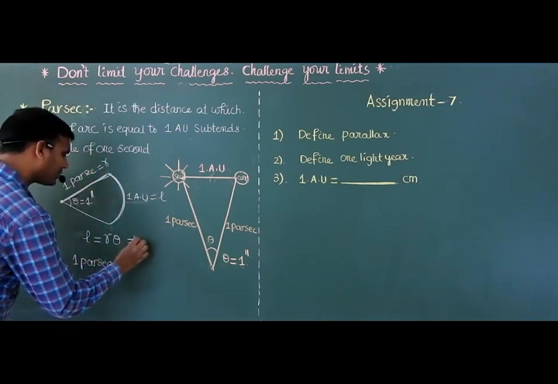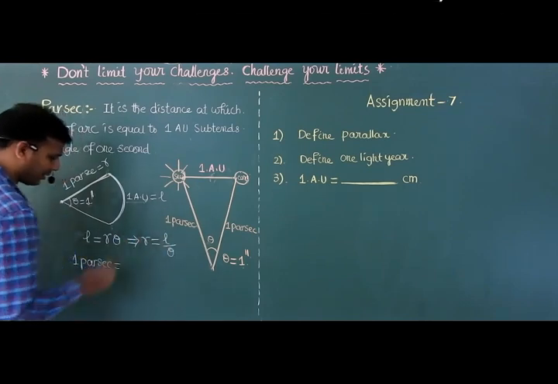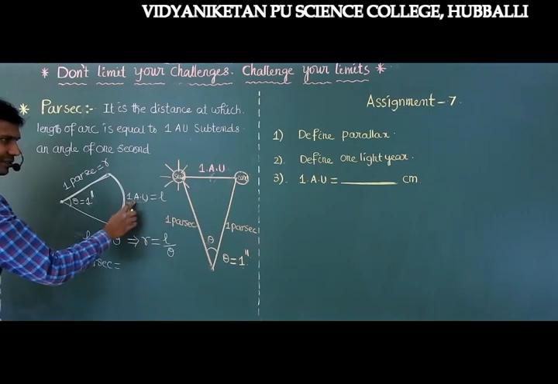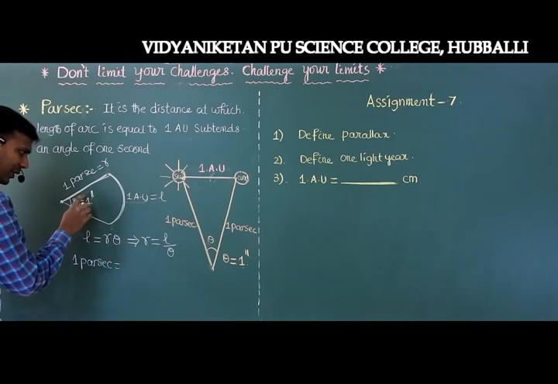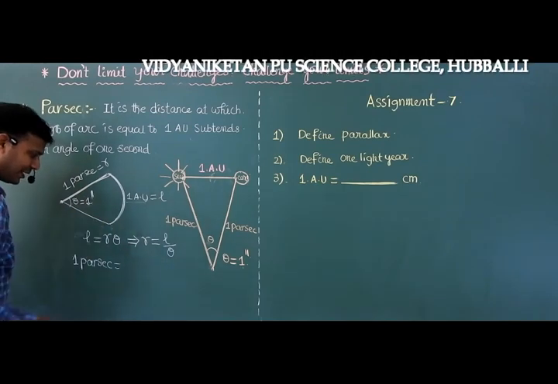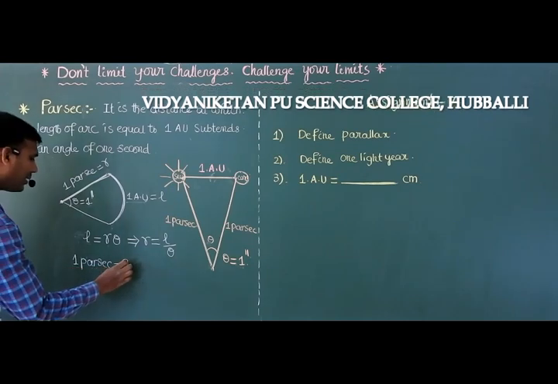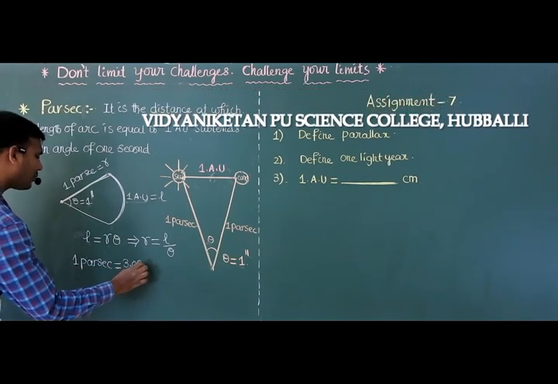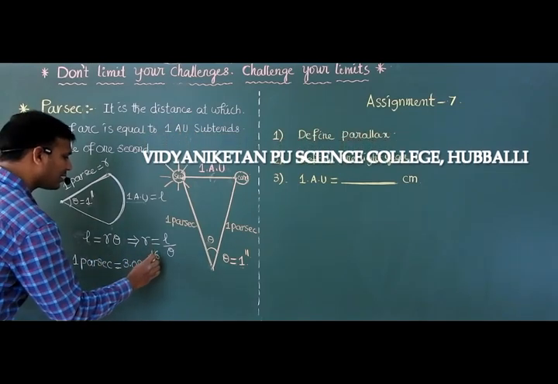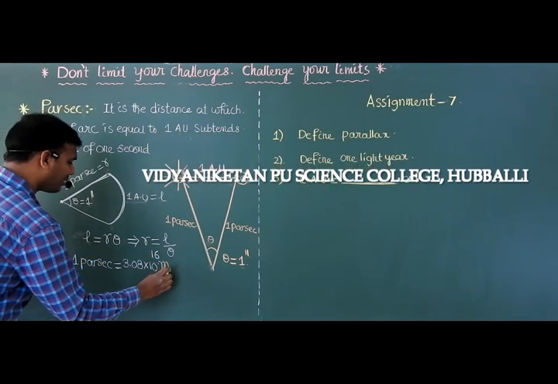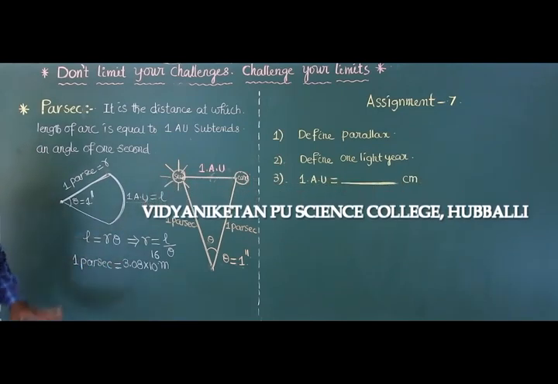Then the radius of the circle is equal to L upon theta, that is 1 astronomical unit divided by theta, with theta expressed in radians. After substituting and dividing, you will get 3.08 into 10 raised to 16 meters. So this is about the value of 1 parsec.